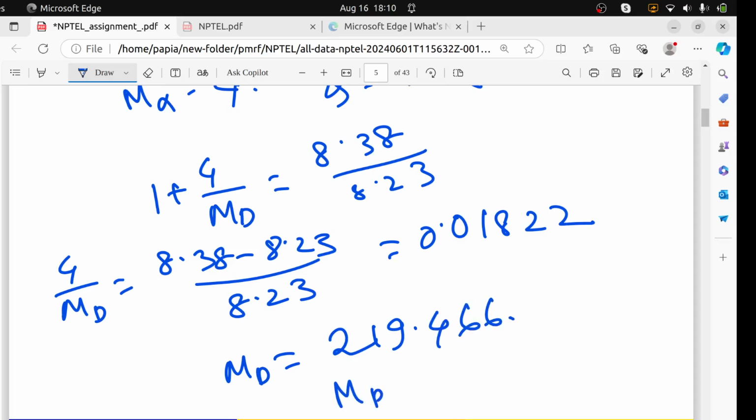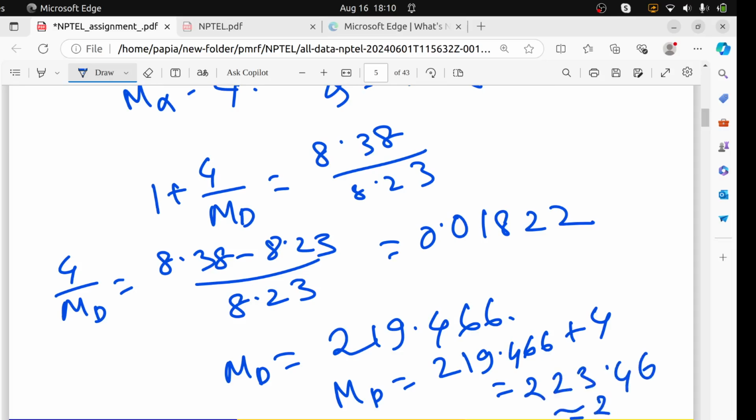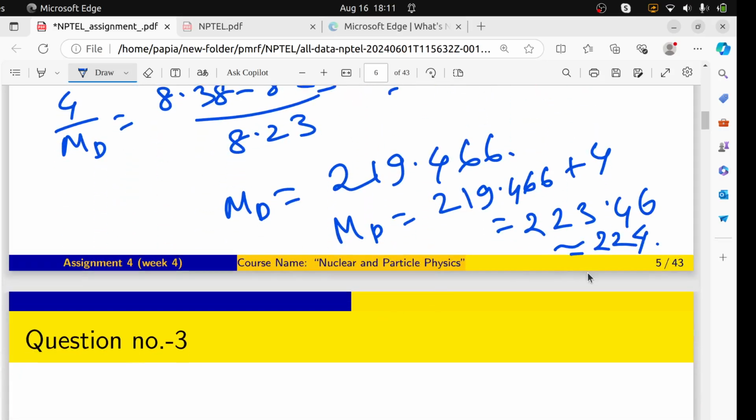So what will be MP? MP will be 219.466 plus 4, which will be 223.46. It can be approximately written as 224, because it is 5 or more than 5, so it will come as 224.